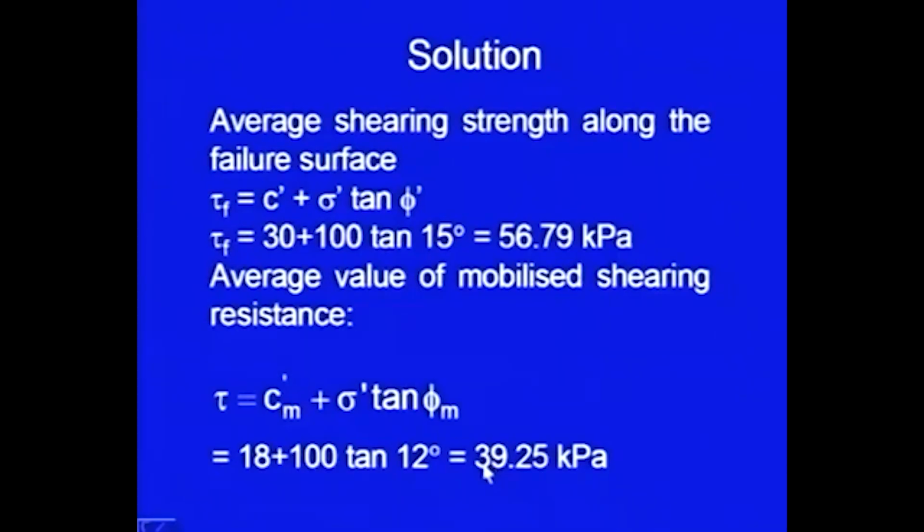Now, please note this is the mobilized. Mobilized means the slope is being acted upon by this much stress, whereas available is this much. So, available strength is higher than the mobilized shearing resistance. That means the slope is stable.